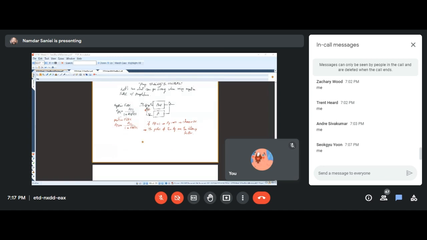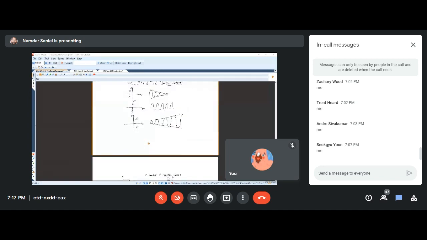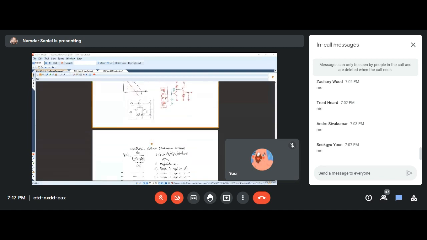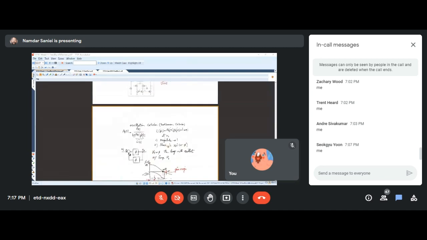Okay? So if we manage to feed back our output to the input with 0 degrees or 360 degrees, at the same time maintaining this condition, these are the two conditions that have the name of Barkhausen criterion.